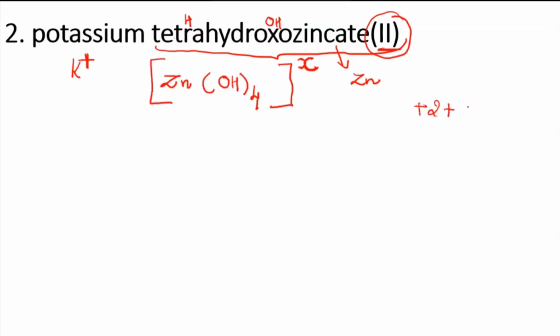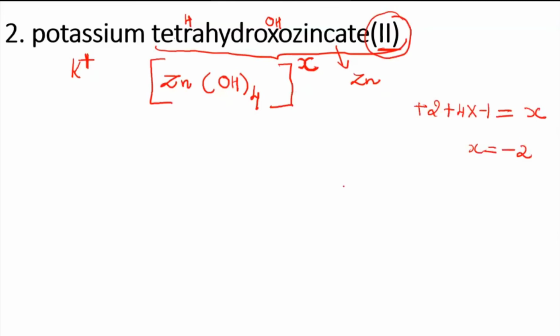So +2 plus 4 into -1 is equal to X. We are taking the sum of the charges of the metal and the ligands as X. So what is the X value here? -2. Yes, you should get -2, because it's an anionic complex, as you said.